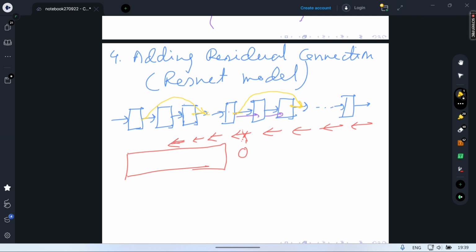As a result, the depth of the network gets reduced, since there is a direct connection from this layer to this layer.